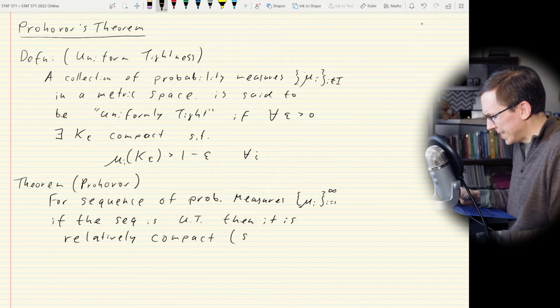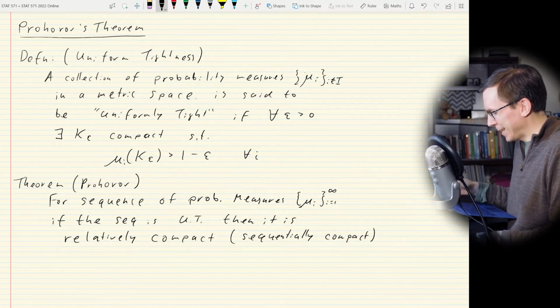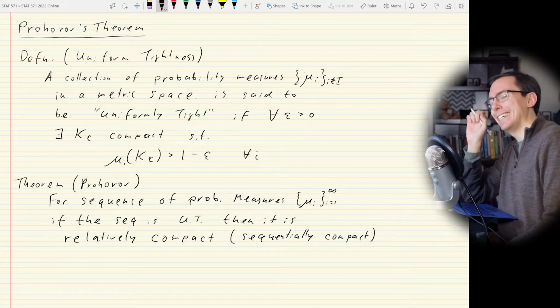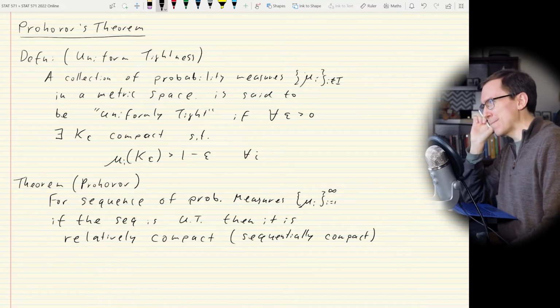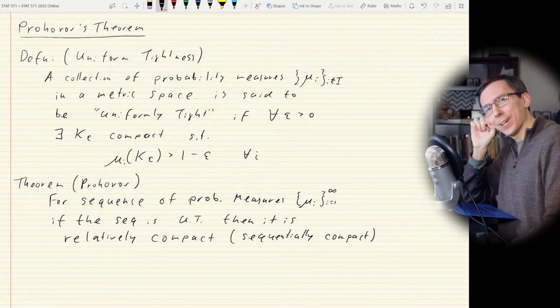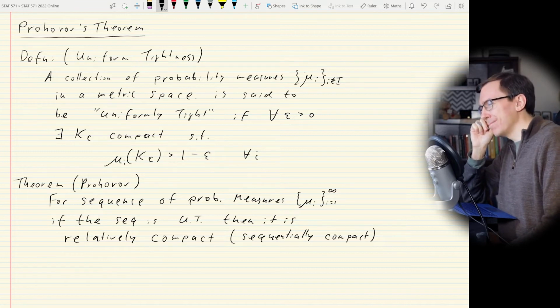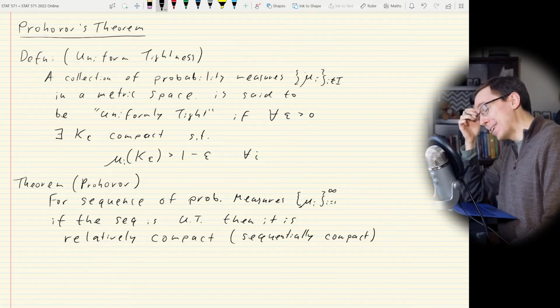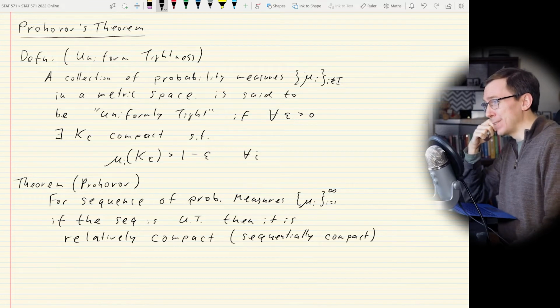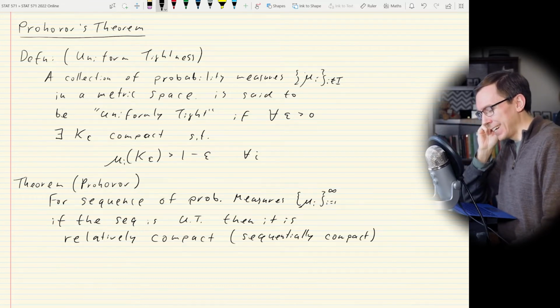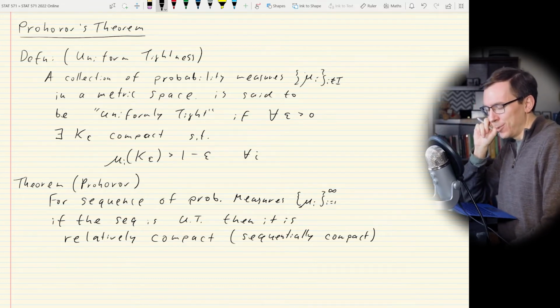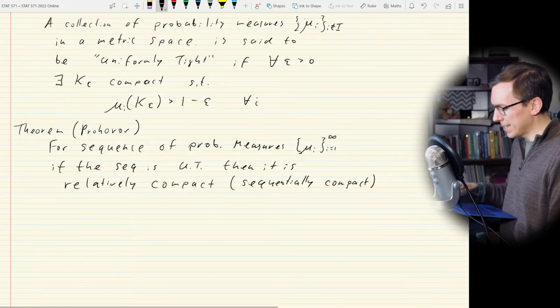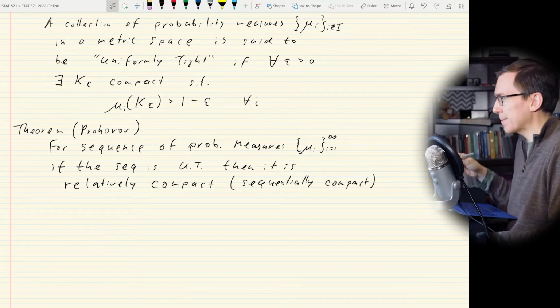Sometimes this is written as sequentially compact. There are a lot of different ideas of what compactness means in mathematics. Luckily, when you're working in spaces like R^n, n-dimensional Euclidean space, most of the notions of compactness coincide. Not always the case, but in this case. Then the question is, what does sequentially compact mean?